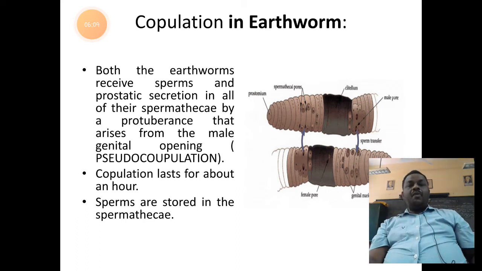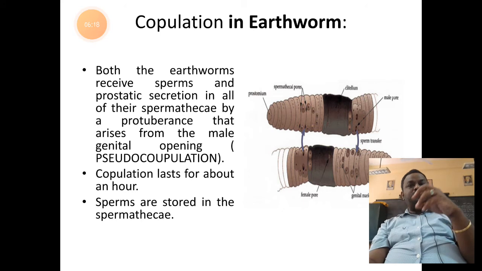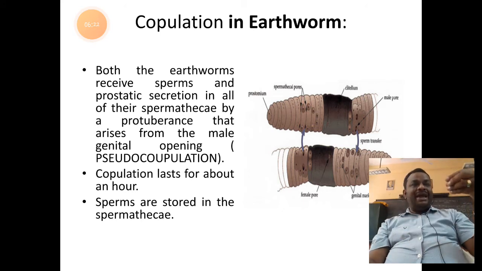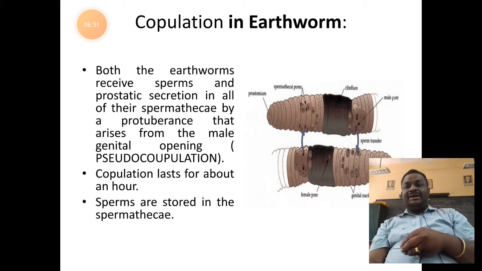Now, the male genital apertures are raised and inserted into one of the pairs of the spermathecal pores of another organism.